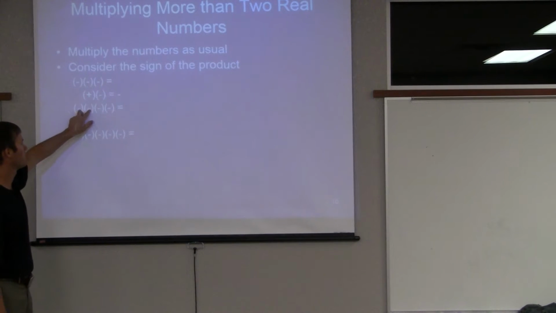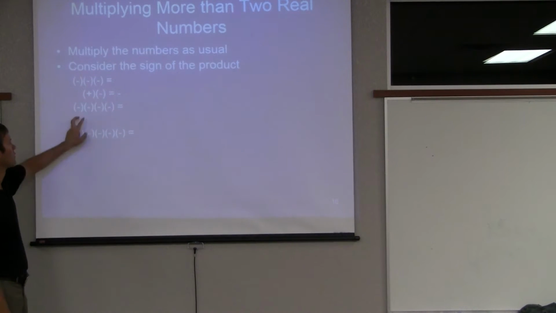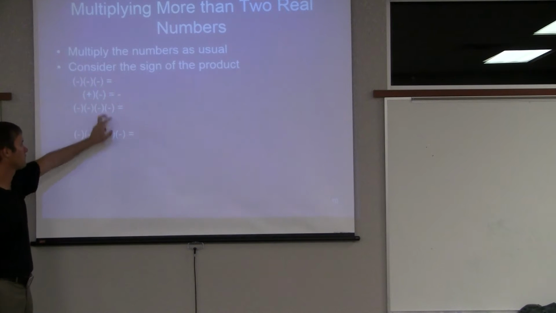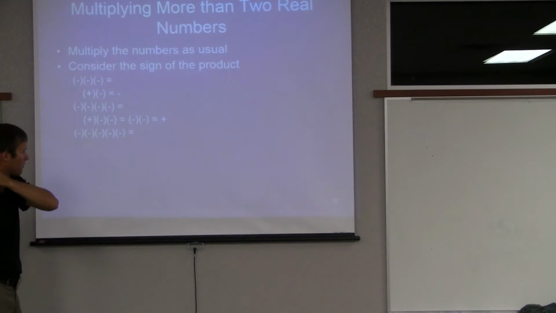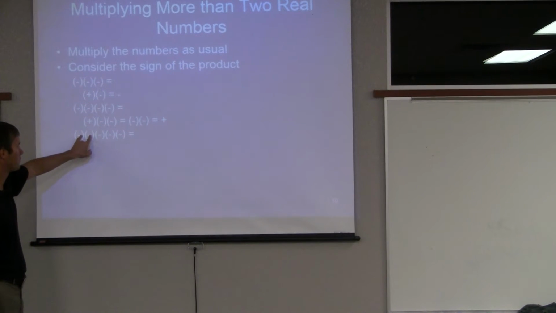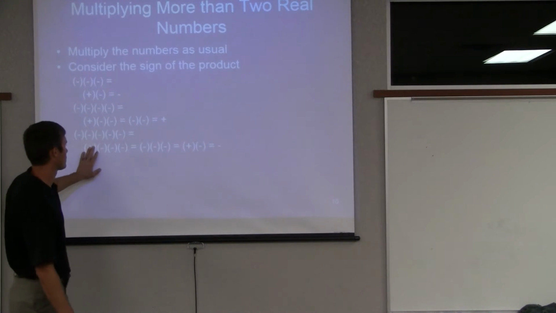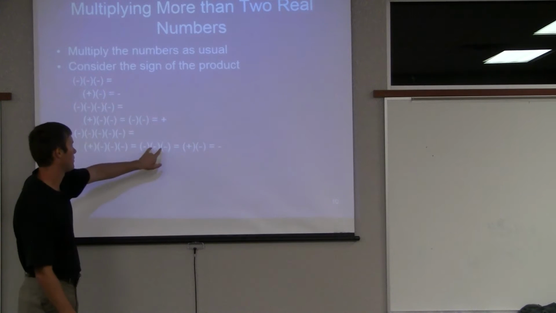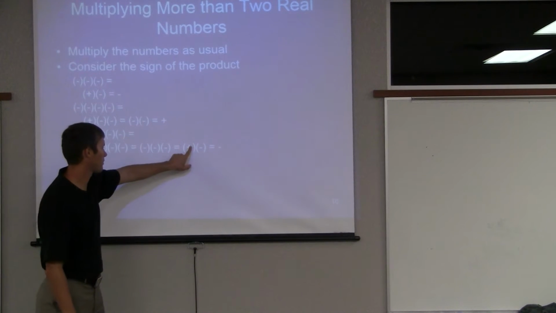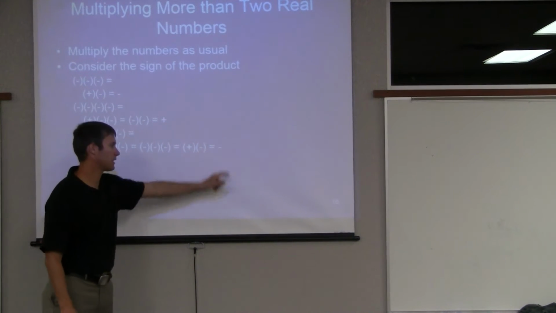Here you have 1, 2, 3, 4 negatives, so two negatives make a positive, two negatives make a positive. In the end, you have a positive. Here, if you have 5, it's the same thing. Two negatives make a positive, so then you have a positive and a negative, which make a negative. And two negatives make a positive, and a positive and a negative make a negative.